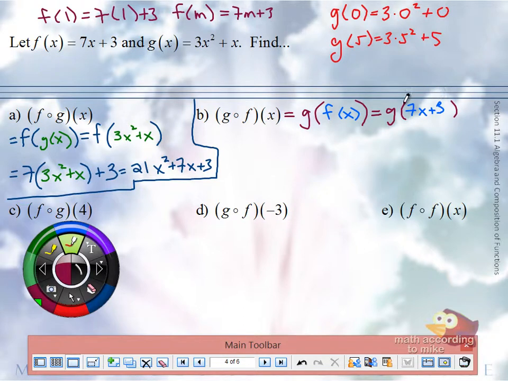So whatever's in these parentheses is what goes in for the x in the function g. So it's going to have the format of 3 times the new x squared plus the new x. Our new x is 7x plus 3.